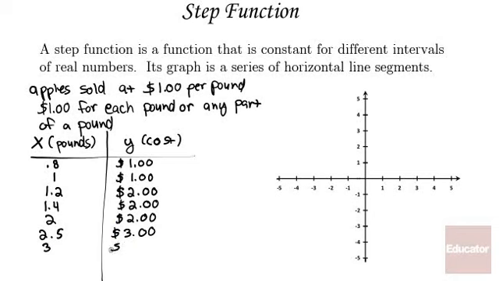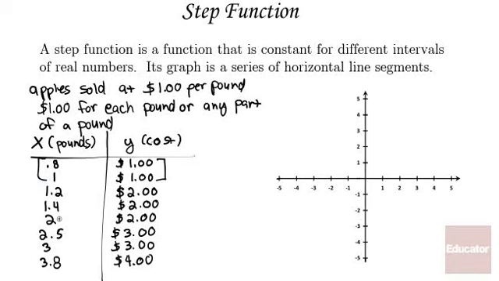Until I hit 3 pounds, it's $3 also. 3.8: $1 for the first pound, $1 for the second pound, $1 for the third pound, another $1 for that 0.8, so $4. So you can see that the function is constant for different intervals. For this first interval, from a little bit above 0 all the way to 1, the Y value is constant.